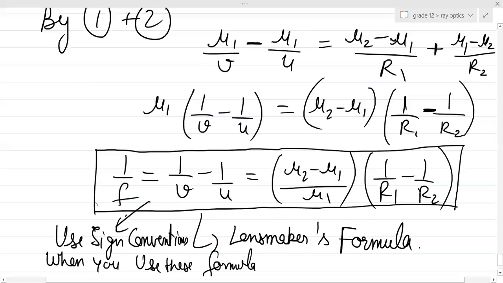Don't use the sign conventions while deriving this formula, because one time you used the sign convention when you derived the formula for a single surface, right? The second time you'll use it over here, and the third time you'll use it in the numericals, right? So that becomes three times, doesn't it? If it becomes three times, then automatically the answer will come wrong. Even number is fine, odd number is not fine.